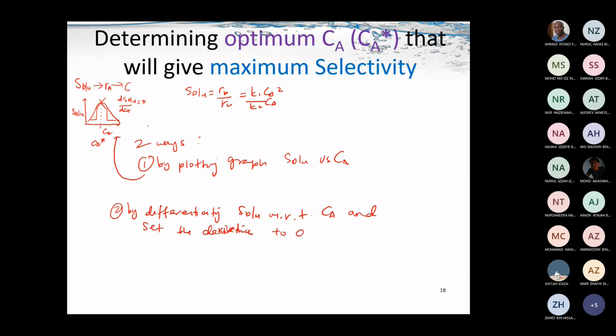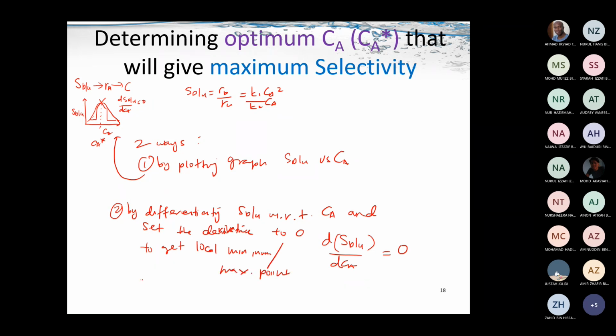Okay, macam I bagi tahu tadi lah, which is dSDU over dCA is equal to 0, alright, in order to get local minimum ataupun maximum point.